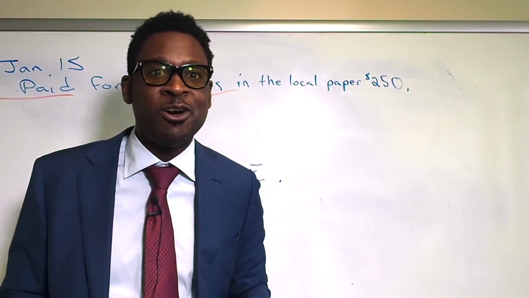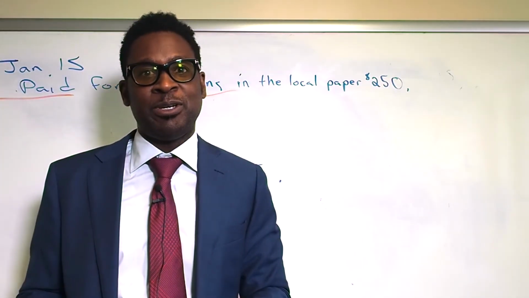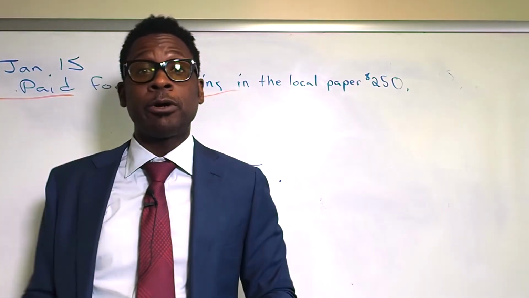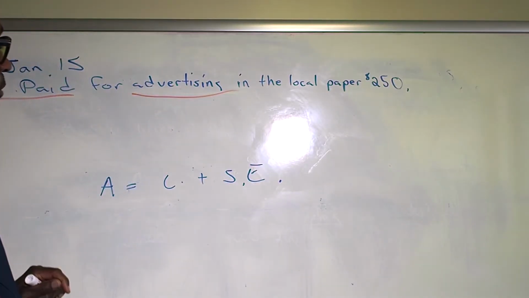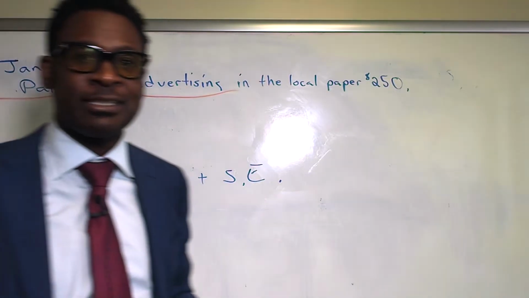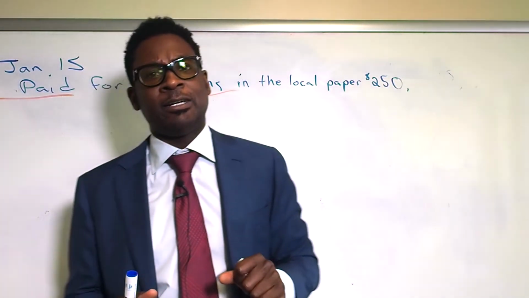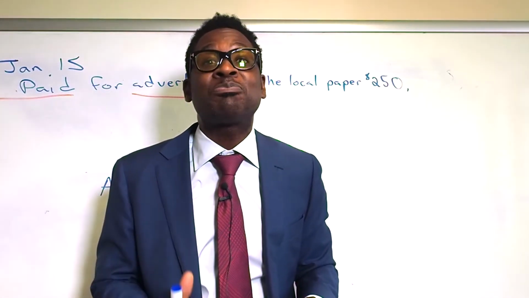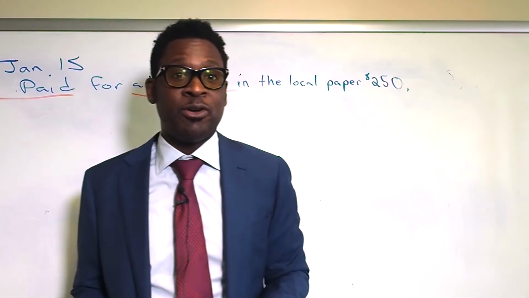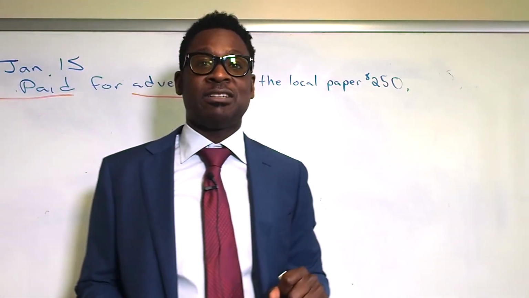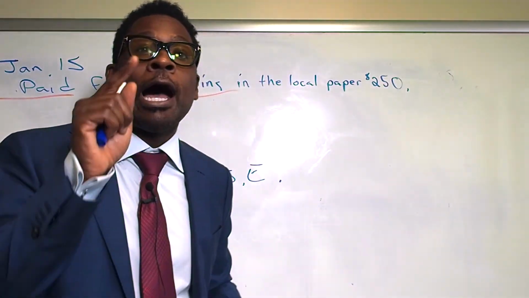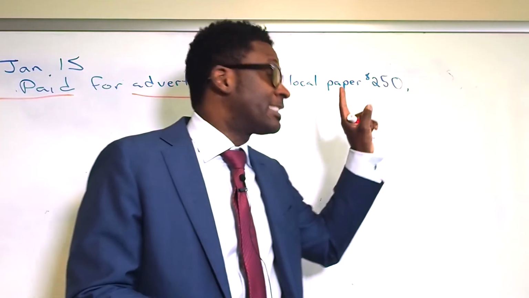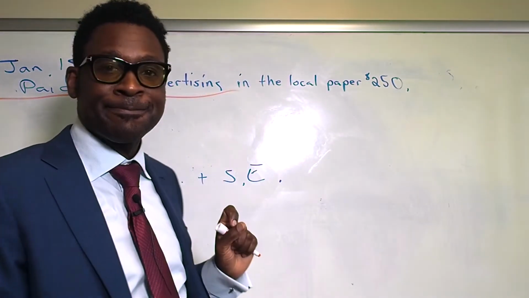So we already know how our cash account is being affected based on that one key word. So what about advertising? What do we pay on? Advertising. And what is advertising to the company, gang? It's an expense. So anytime we pay on advertising, it's an expense to the company. And we know how expenses affect stockholders' equity, right?